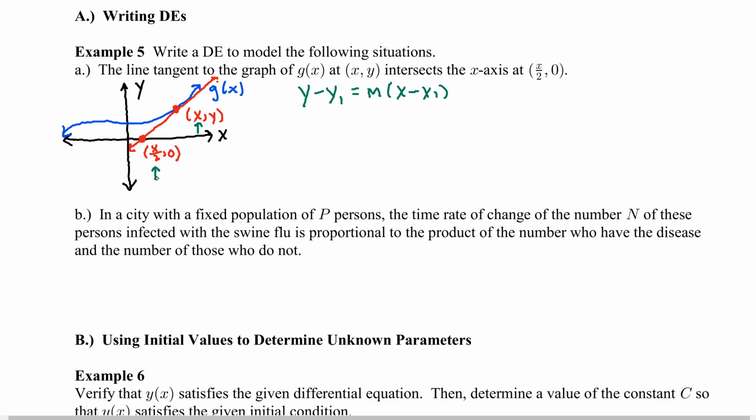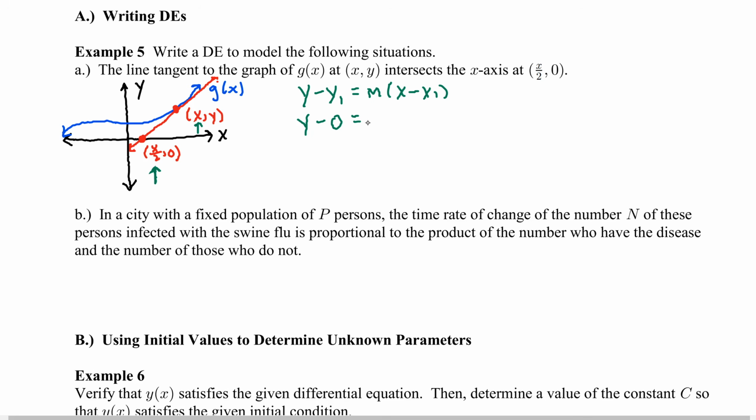So we're going to use the given ordered pair (x over 2, 0) for (x1, y1). Remember, anytime a variable has a subscript on it, it represents a constant. If the variable does not have a subscript like x and y, it's going to stay a variable. So using the ordered pair (x over 2, 0), y1 is 0.